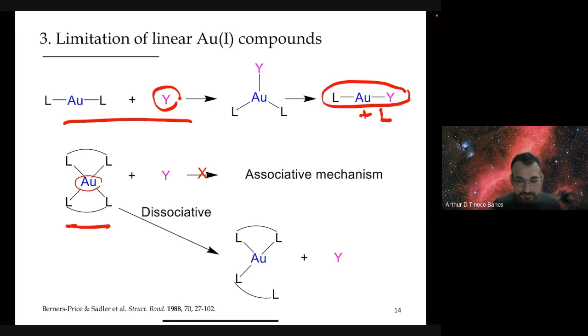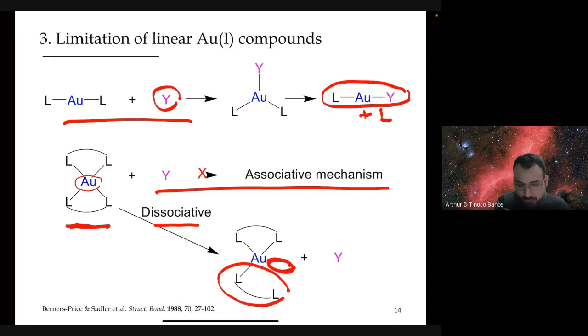With these types of complexes, you don't have the capacity to go through an associative mechanism. Instead, a dissociative mechanism has to take place, where perhaps part of the chelation gets lost, and you have partial coordination of a ligand that leaves a coordination site available to which an entering group, or a nucleophile, can bind to the metal center.